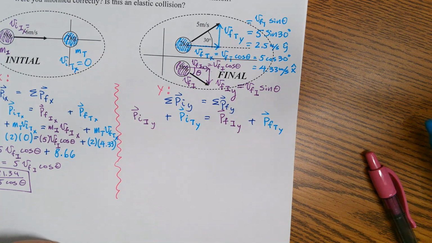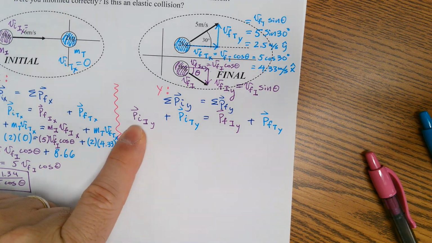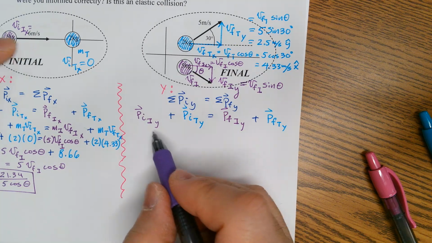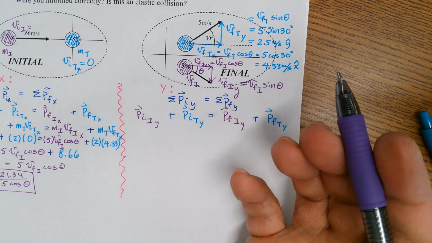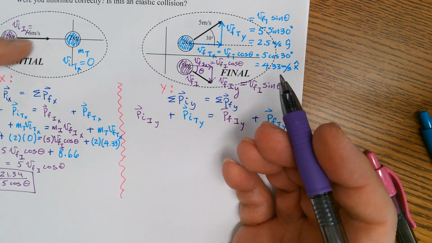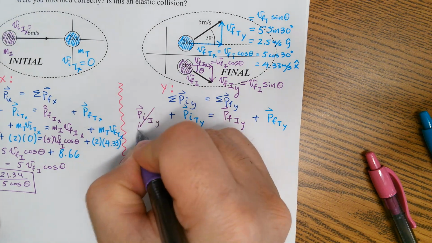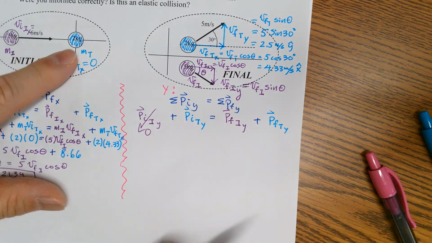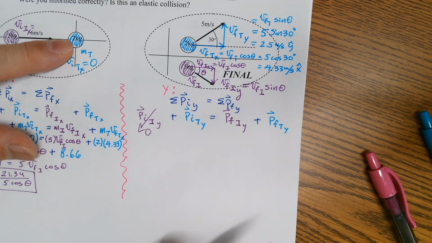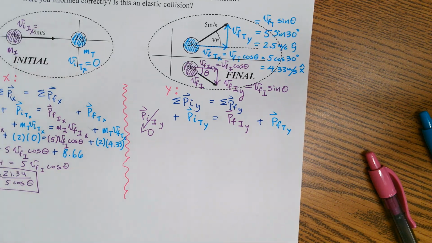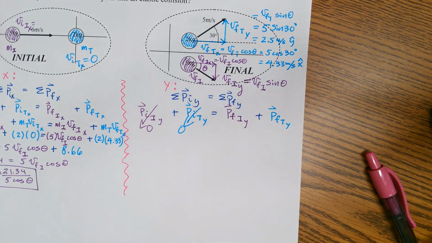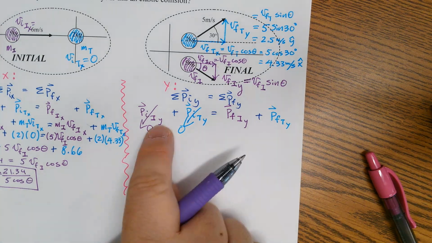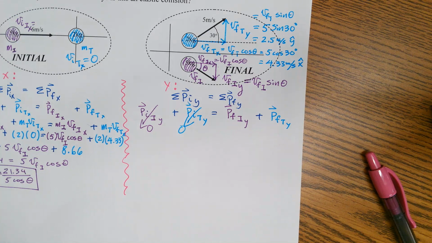Well, initially for the incident ball, how much is it going in the y direction? Is it going in the y direction at all? No, 0. How much is my target ball going in the y direction? Ever? 0. So this whole one side is 0.